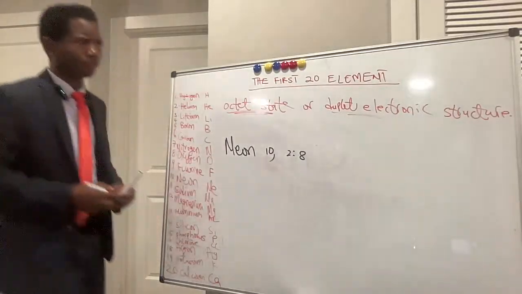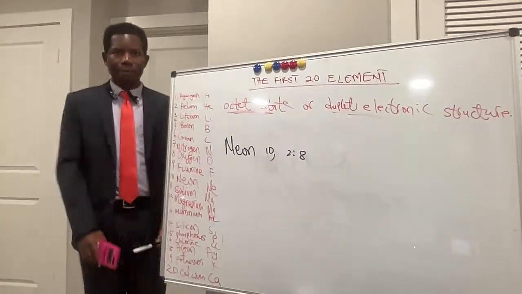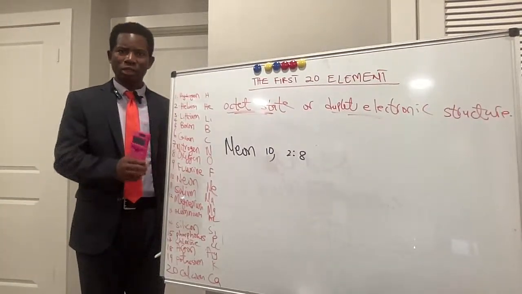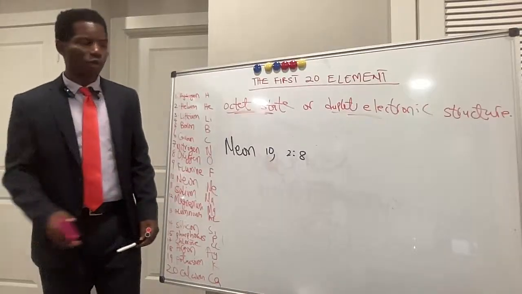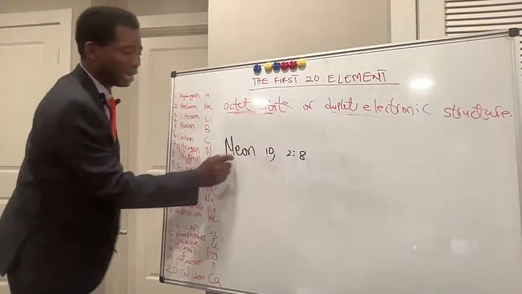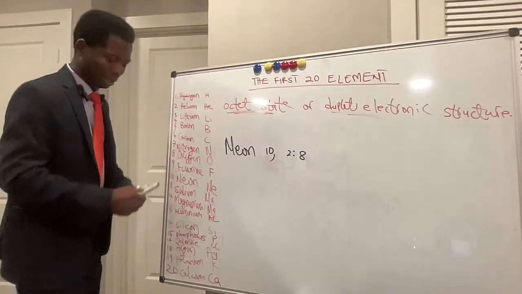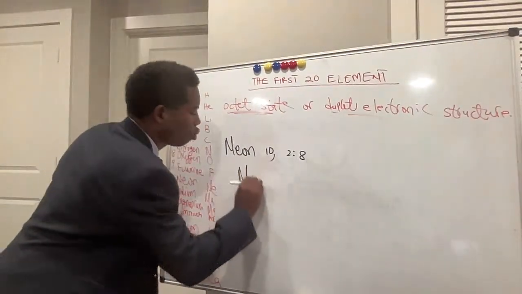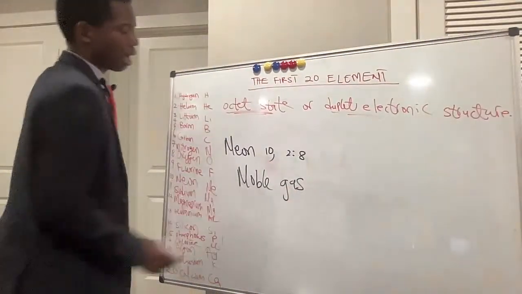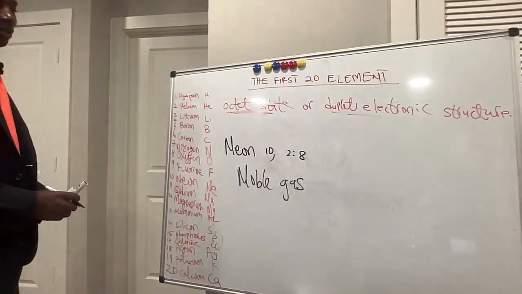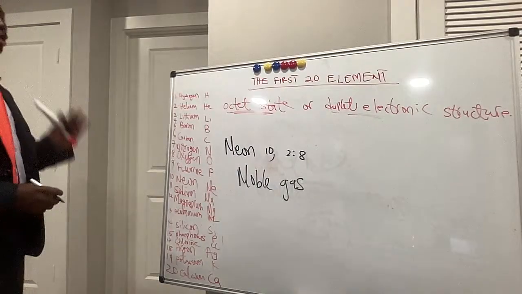It's like you want a calculator, you are sitting in a place with the calculator ready. You don't need to step aside; you will continue to be there because there is no need for you to move. So that is why these elements don't react. They are inactive. They are called noble gases. They don't react; they behave like kings.